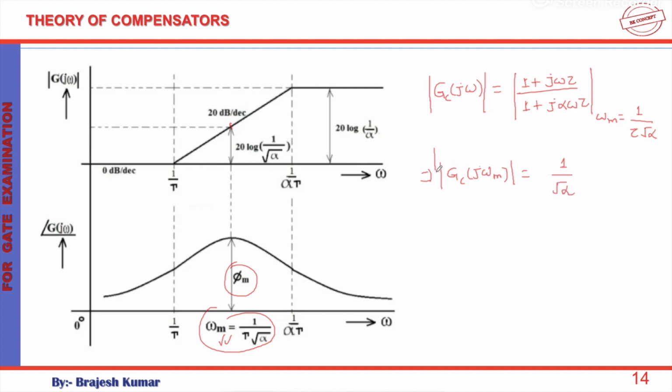All these formulas are important for semester examination or IES examination or even GATE examination, right? So GC will be 1 upon root alpha. And if you take the log of this, because here the things are in decibel, if you take 20 log of this, it will become this value. Clear?